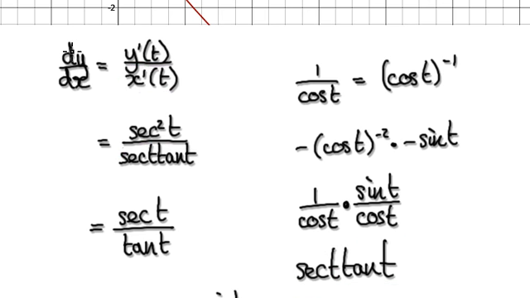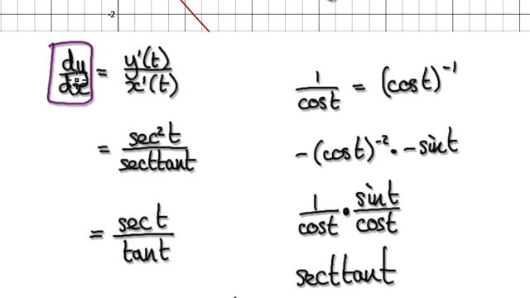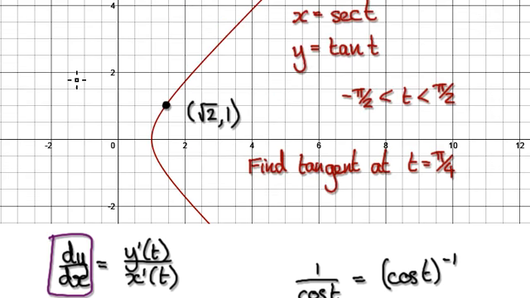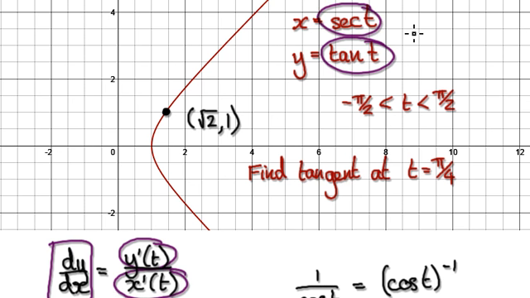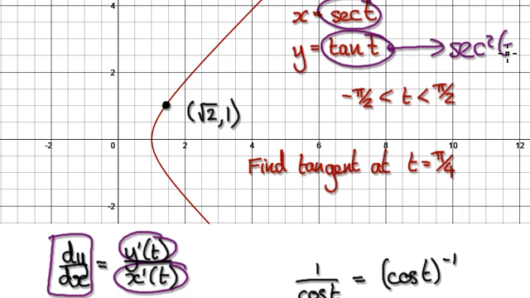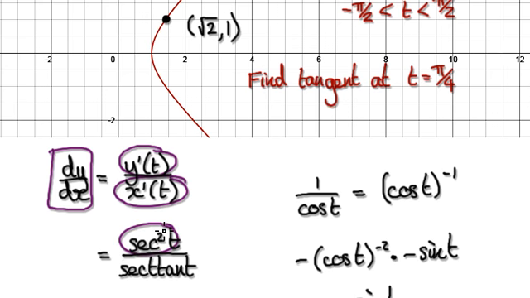So hang on, let's start again. We are trying to work out dy by dx. To work out dy by dx, you simply differentiate this, and then you simply differentiate this. When you differentiate this, it will give you secant squared of t. That's this bit here.